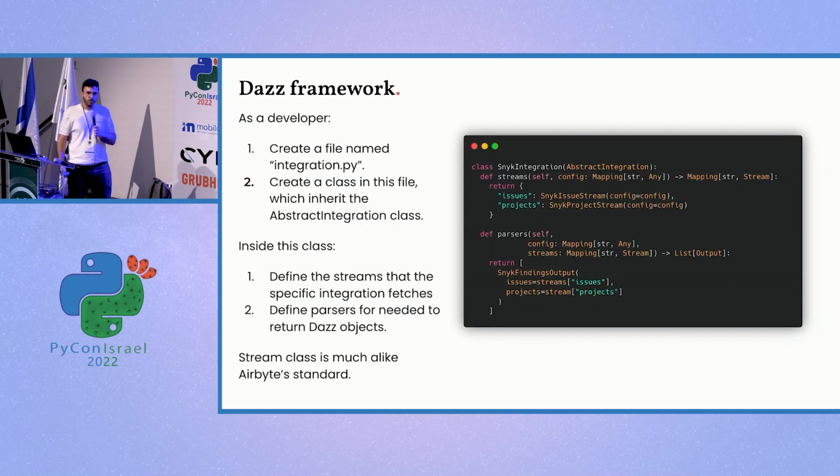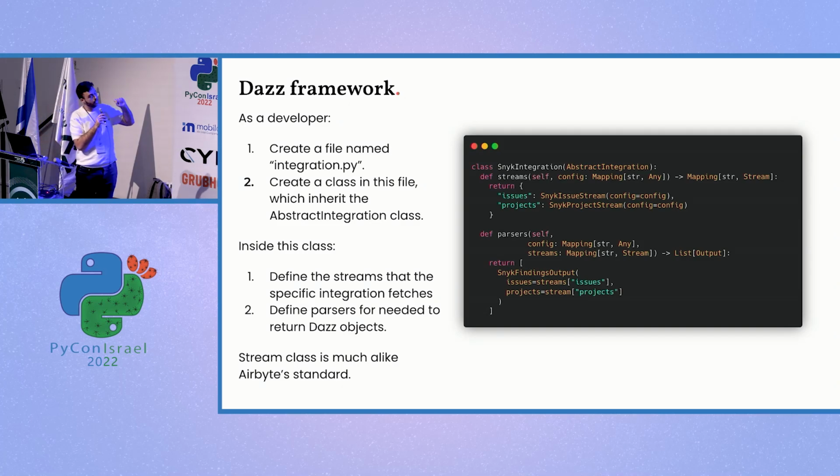Okay, so how does it work? Basically, as a developer, you need to do two things. You need to create a folder for, let's say, the Snyk integration, and you need to create an integration.py file. In this file, you create a class that inherits the abstract integration class from our SDK. And inside this class, you basically define the streams.